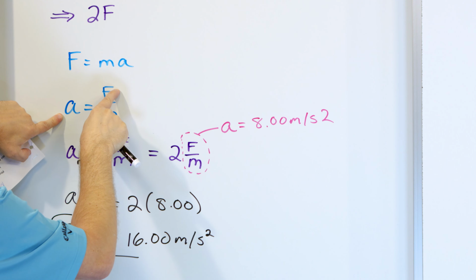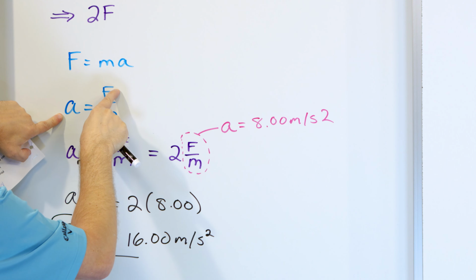So now we can say, what happens if force and mass both double? Since F equals ma, the acceleration is equal to F over m. And in this situation, the force is going to be replaced with 2 times the original force, and the mass is going to be replaced with 2 times the mass.